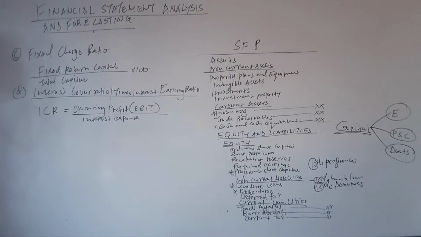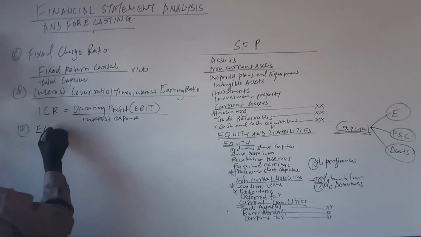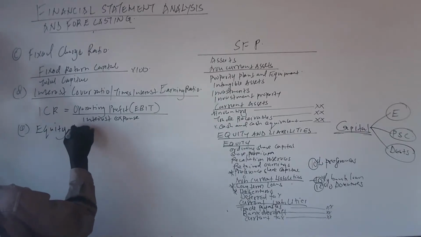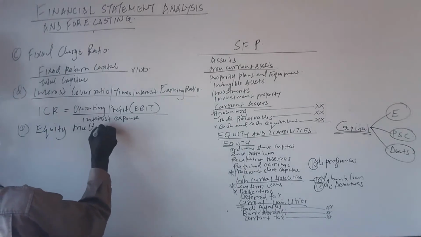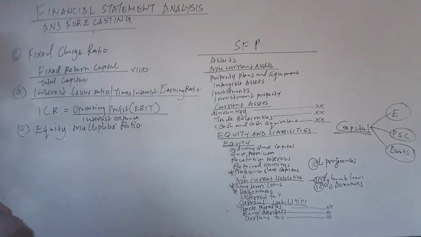Then number E, equity multiplier ratio. We talk about the equity multiplier ratio.